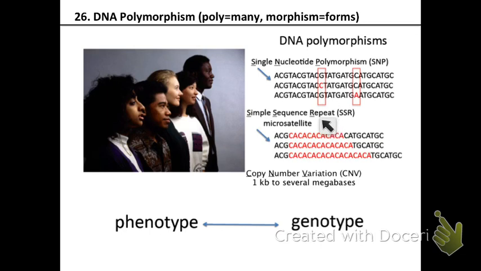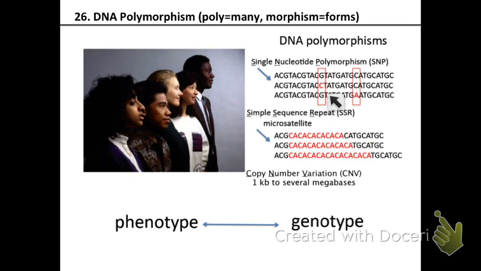There could be differences in simple sequence repeats, microsatellites, so you can have different numbers of microsatellite repeats. And you have differences in copy number of larger chromosomal regions that can range from 1 kb to several megabases, and these copy number variations, CNVs, have been found recently to be linked to disease, okay?